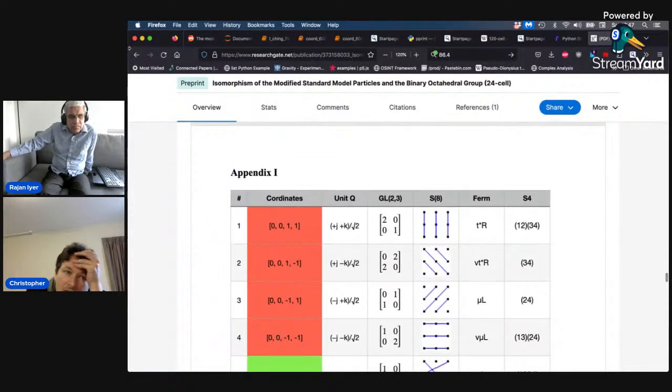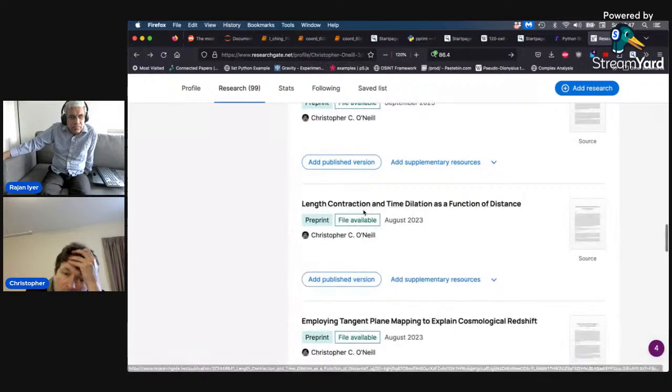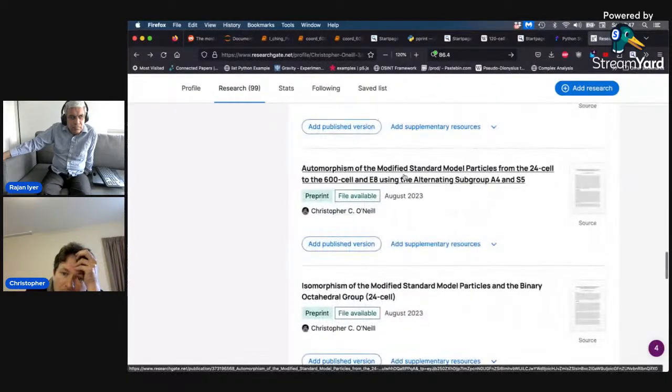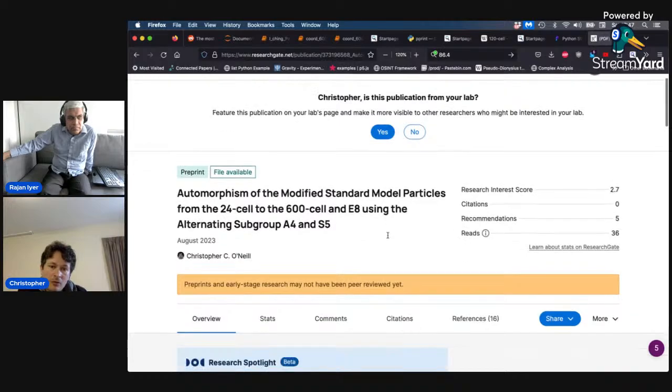So that was nice. But then the next phase, which was much bigger and more ambitious, was to take that isomorphism and create an automorphism of those same particles from the 24 cell to the 600 cell, which is, as you know, dual to the 120 cells.